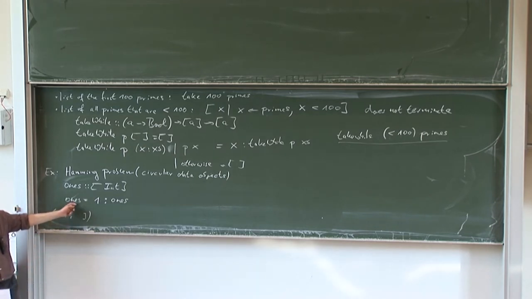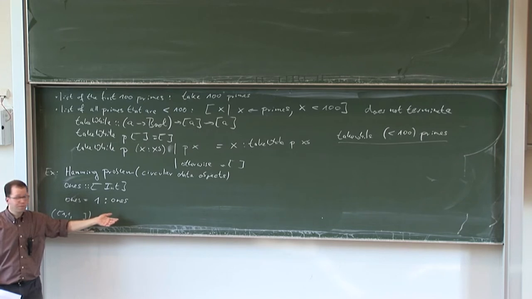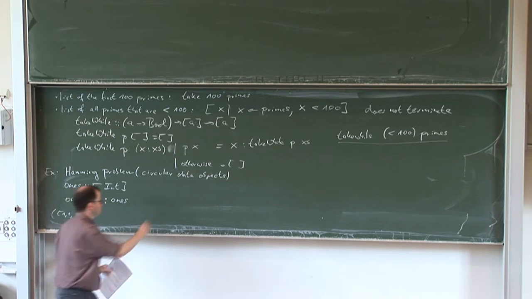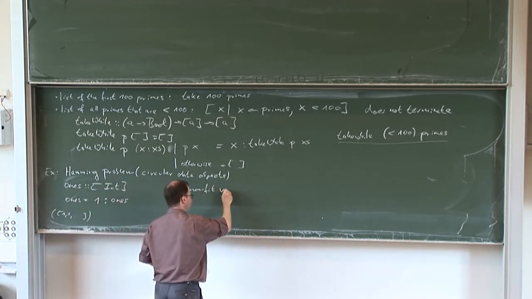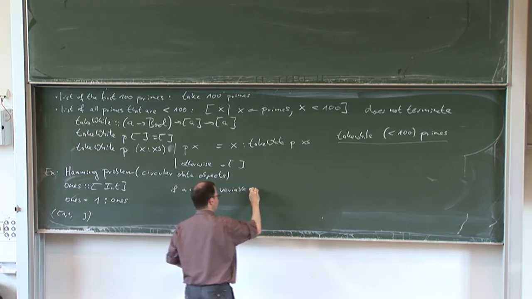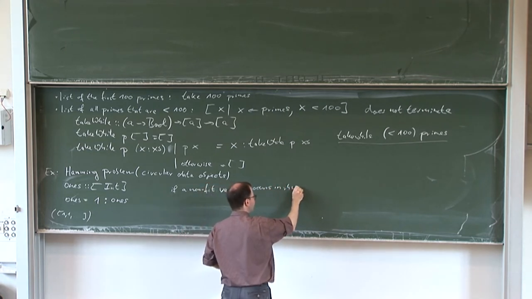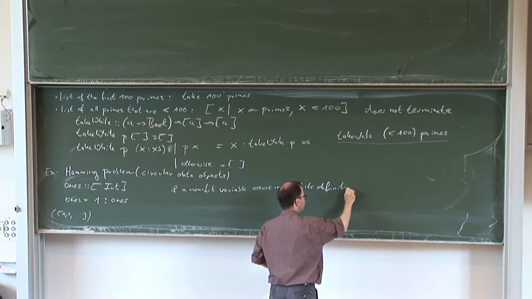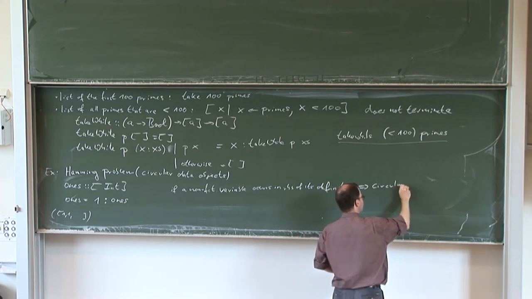Now, whenever a non-function variable, something like this, occurs in its own definition, then you clearly have something which is infinite, and this is represented in the memory as a circular data object. So if a non-function variable occurs in the right-hand side of its definition, then we get a circular data object.